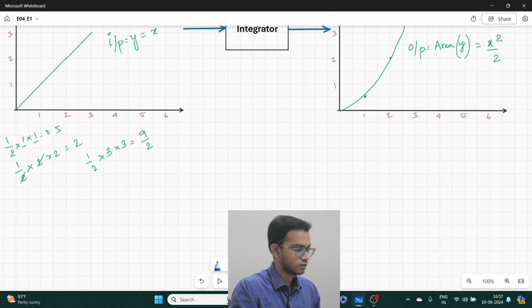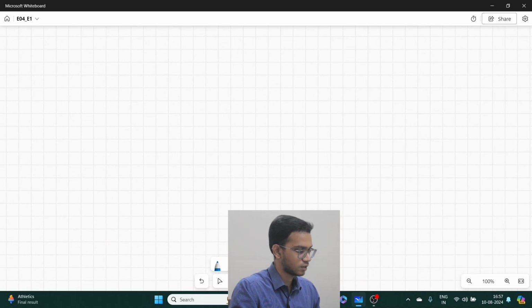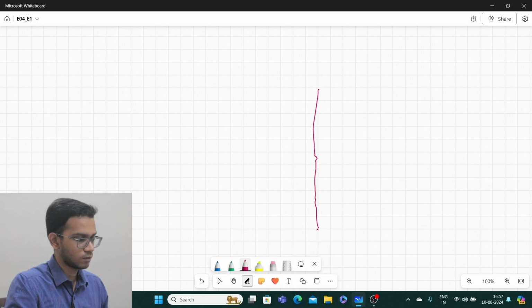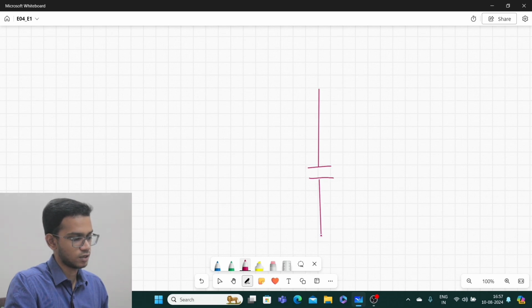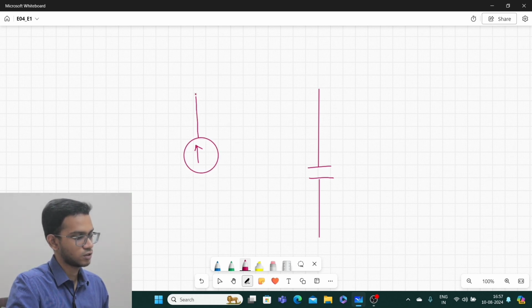Now let us assume that I have to implement this integrator in some domain. So I take a capacitor. And I'm going to charge this capacitor by a current source. This is my current source. I'm going to charge my capacitor with this current source.